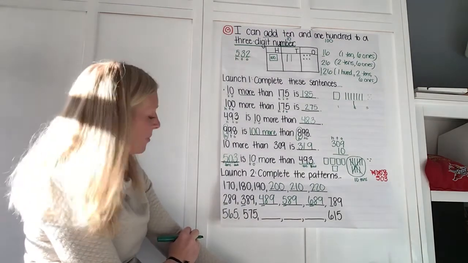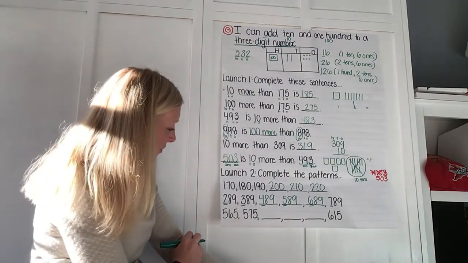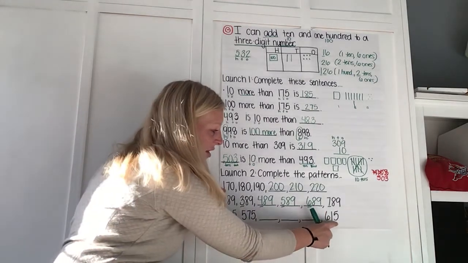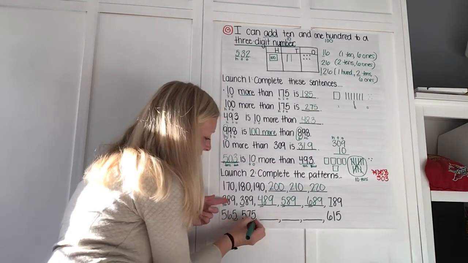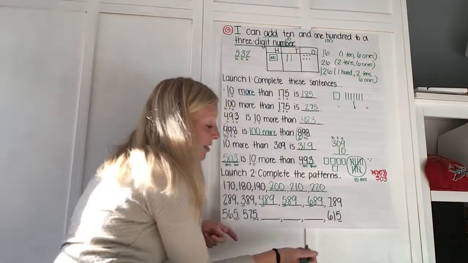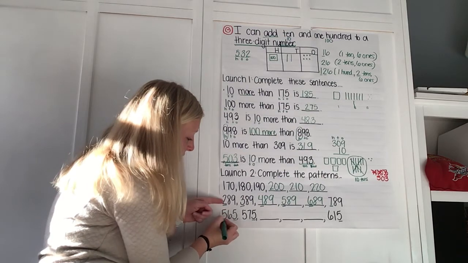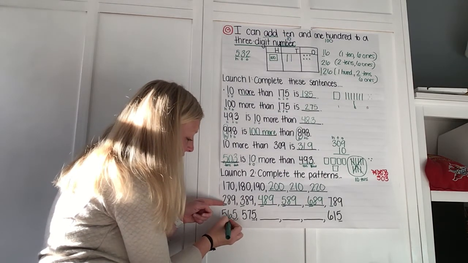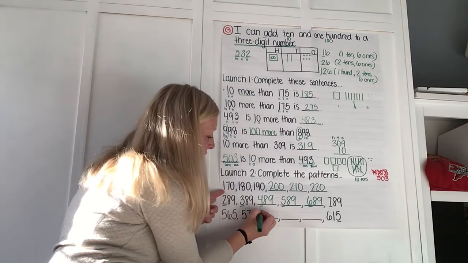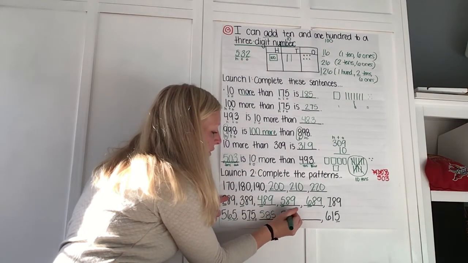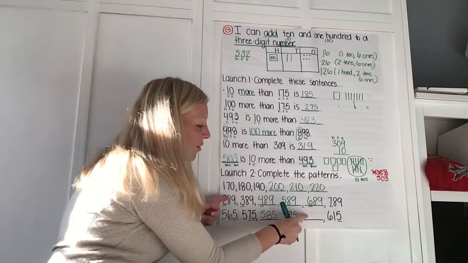How did you know that the tens place was changing? 5 and 5 here, 5 and 5 here. Even that 5 over here is staying the same. So we know our ones place is going to have a 0 in it. Okay, we're not adding that. But then that 500s, 500. So we have 565, 575, 585, 595. Okay, so what's going to come here?